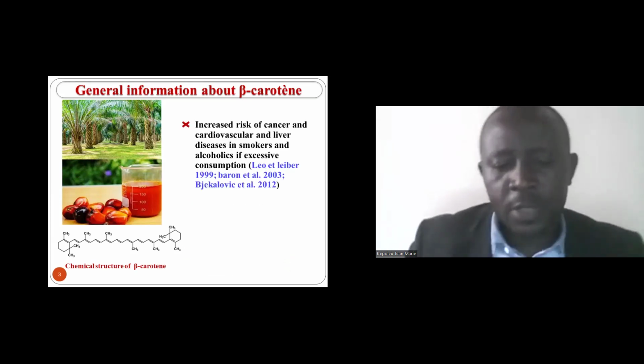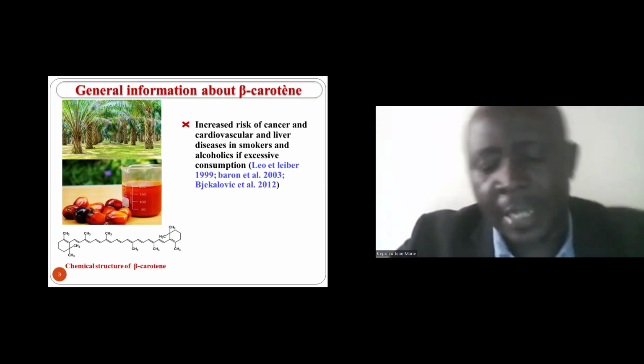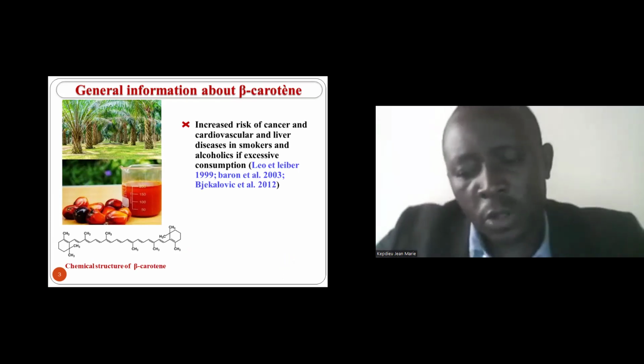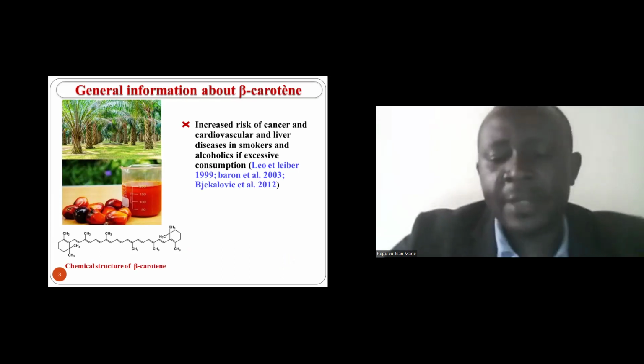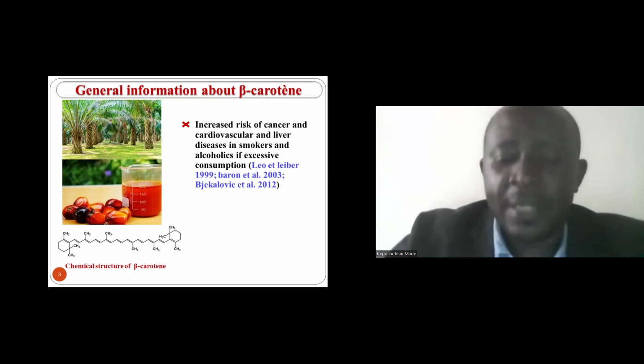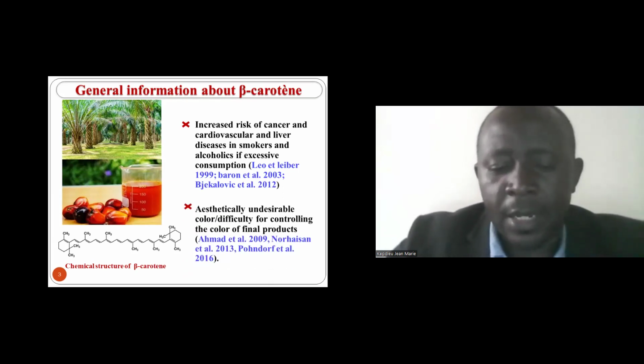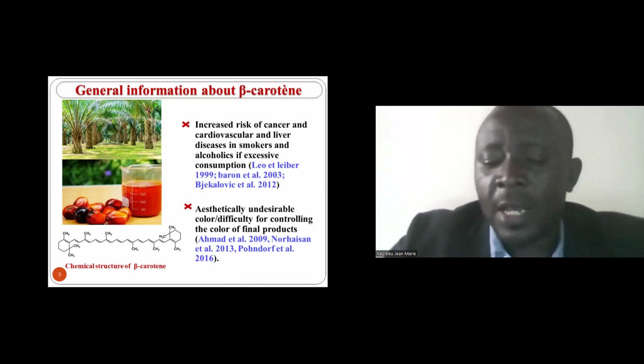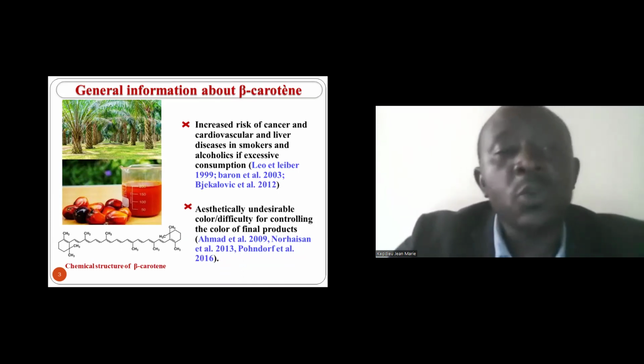Some previous work said that excessive consumption of beta-carotene may increase the risk of cancer and cardiovascular and liver diseases in smokers and alcoholics. And the presence of beta-carotene in palm oil is also aesthetically undesirable because it's sometimes very challenging to control the final color of palm oil-based products.